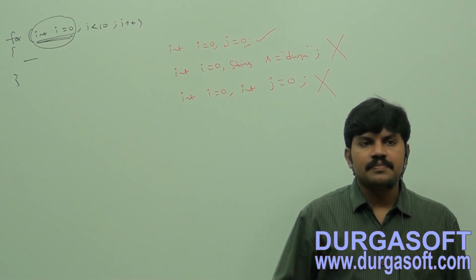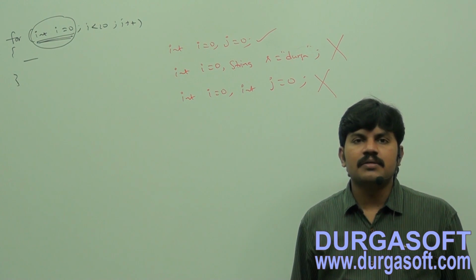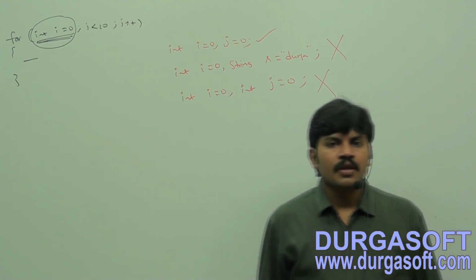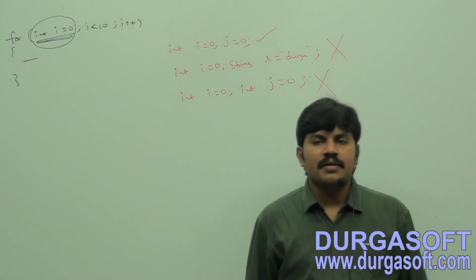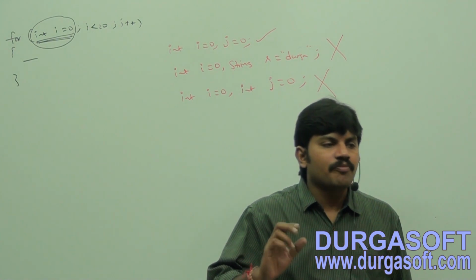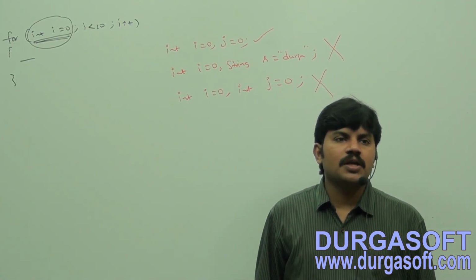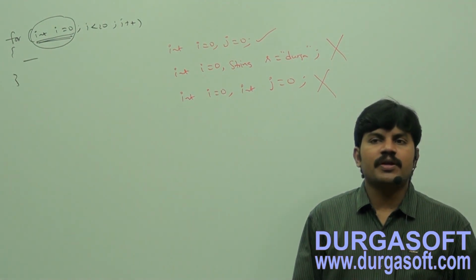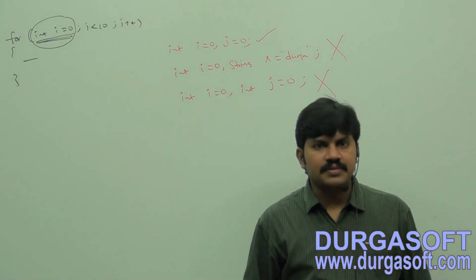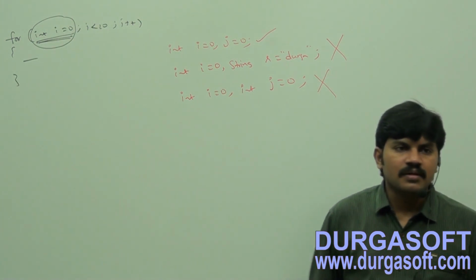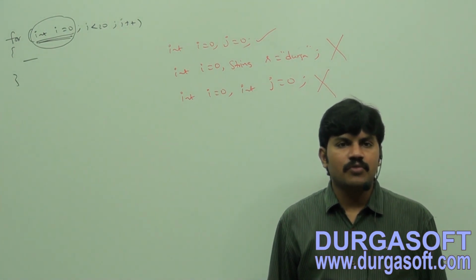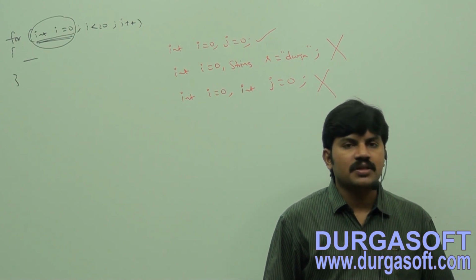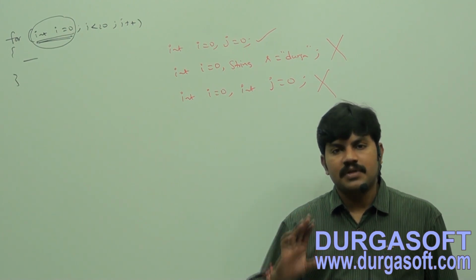By mistake, if you are trying to declare different data type variables, then we will get a compile time error.